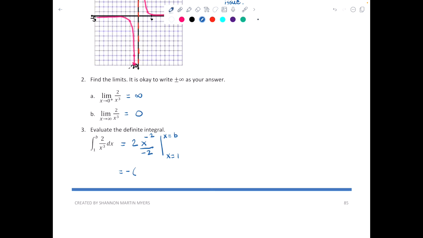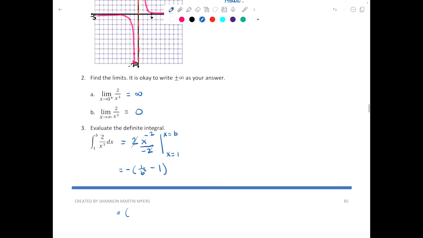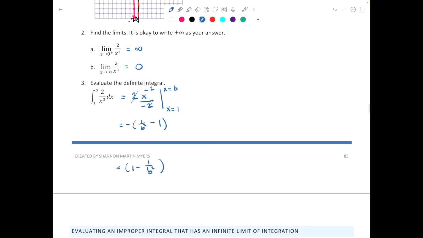We would have 1 over b squared, and then minus 1. These 2's divided out. And then if I flip that, distribute the negative through to make it look pretty, I would have 1 minus 1 over b squared as my result. Cool with that? Excellent, excellent.